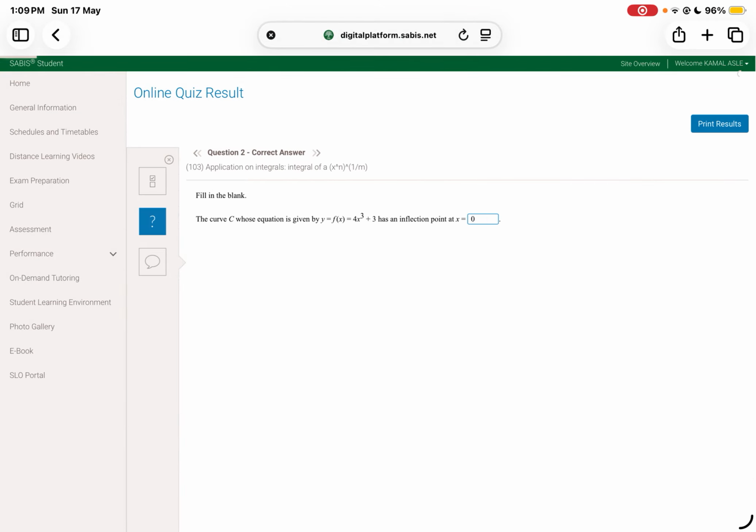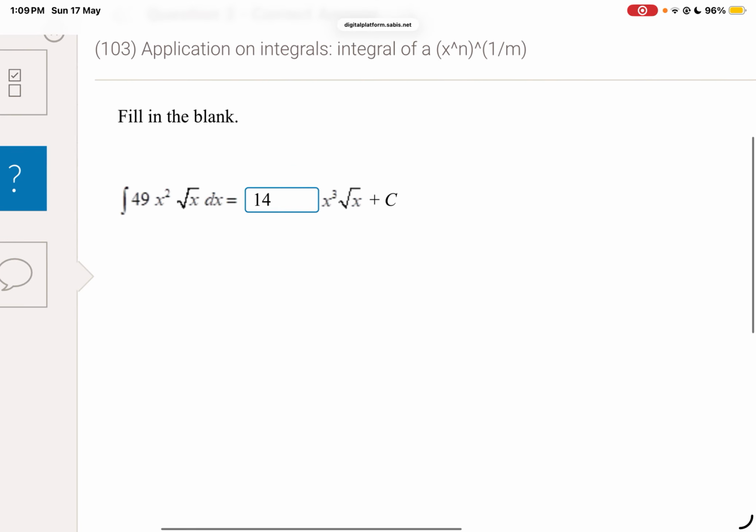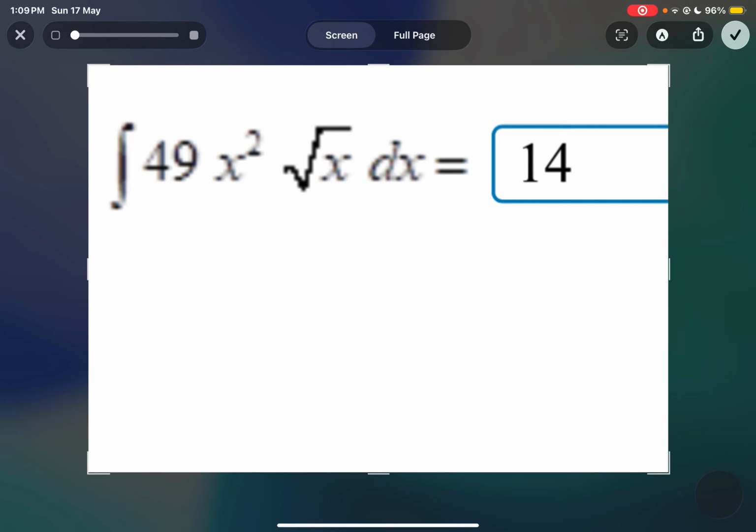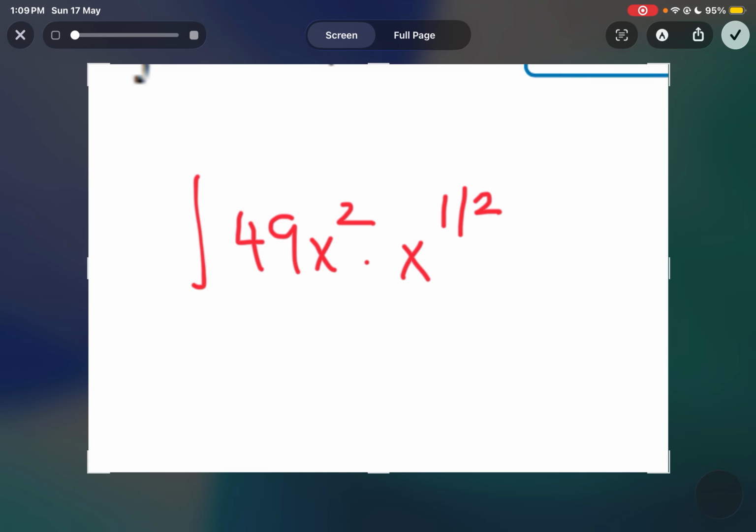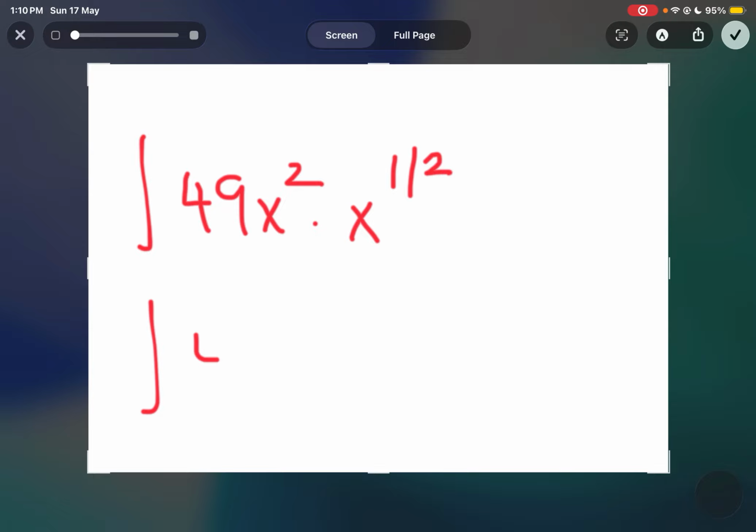Question number 2. Here they gave us the integral of this. We have to find it. So here the integral of 49x squared times radical x, which is x to the 1 over 2. And when you have two x's with the same base and they have exponents, you can add their exponents. So it will be 49x to the 5 over 2.